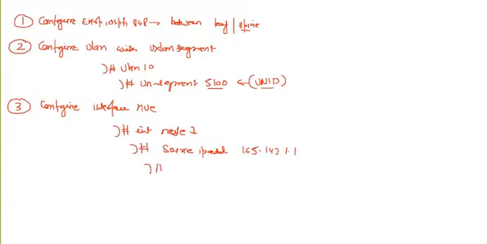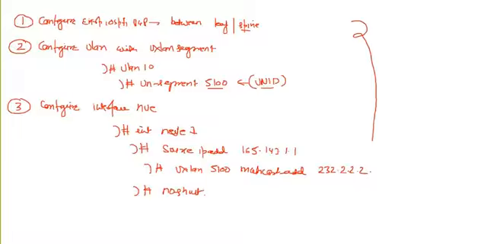And then you say VXLAN 5100, multicast address will be 232.2.2.2, anything you can write, and then you configure no shut. So these are the configurations we can do in the VXLAN part on each of the VTAPs.